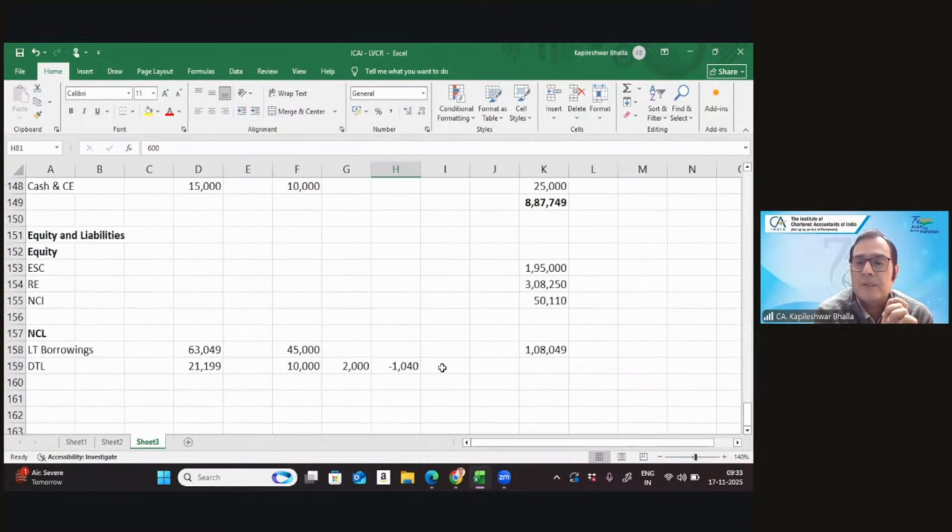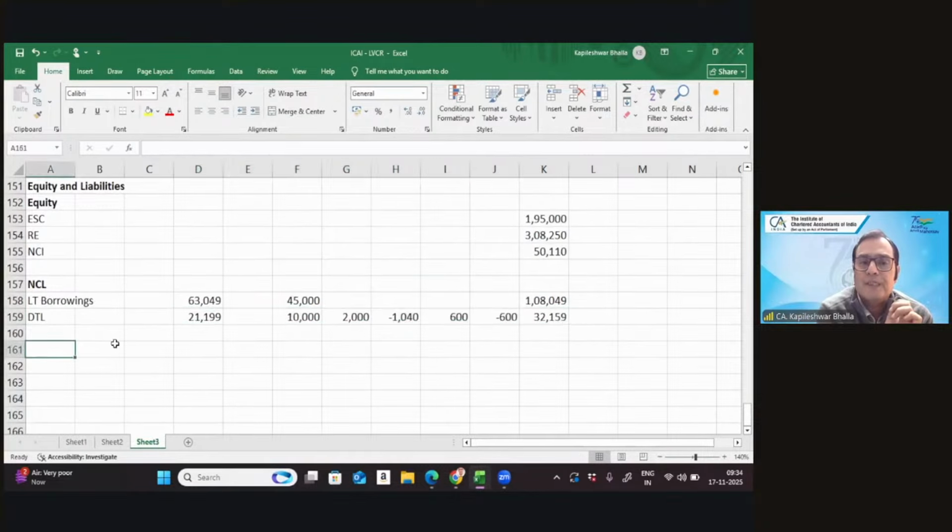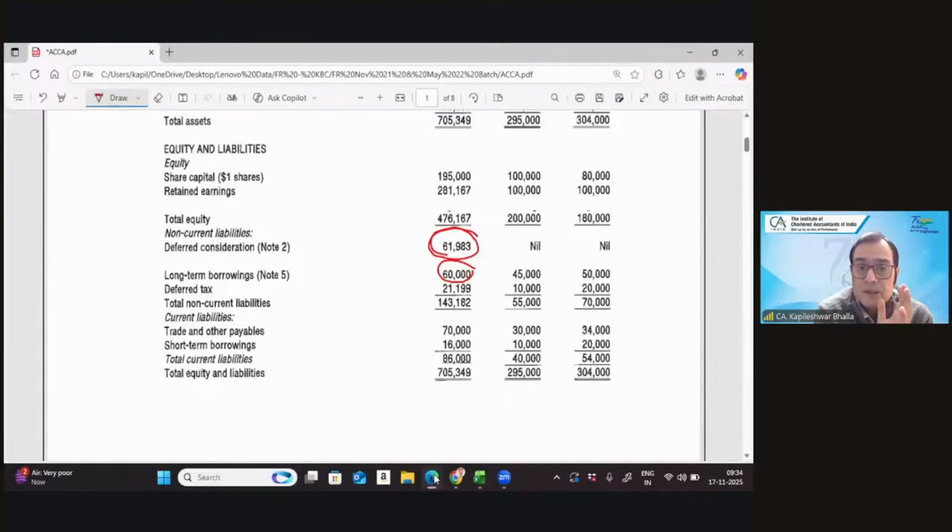So that effectively becomes 0, but I'll still show it as 600 and the reversal as 600. I don't think there were any other deferred tax implications we have taken. So this takes care of the DTL as well. So that is 32,159. Wow. So I think my non-current liabilities are done.